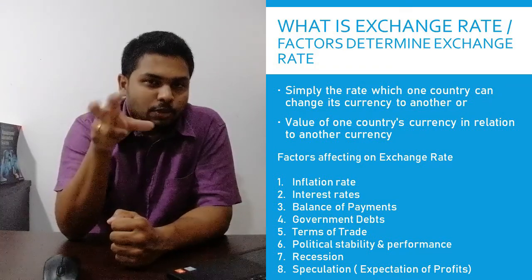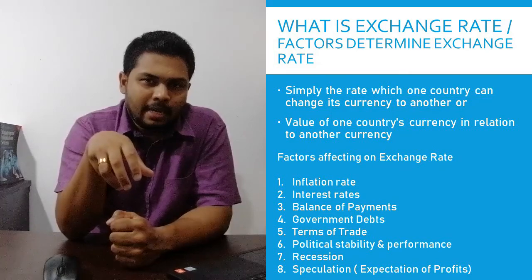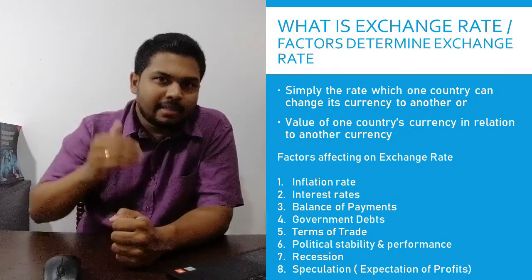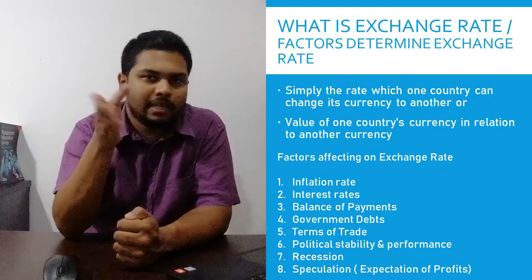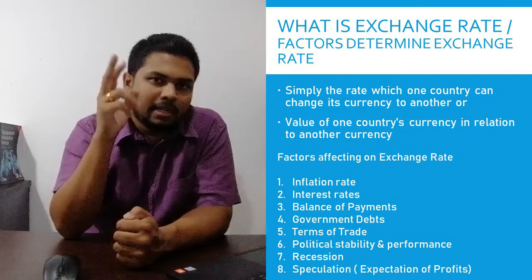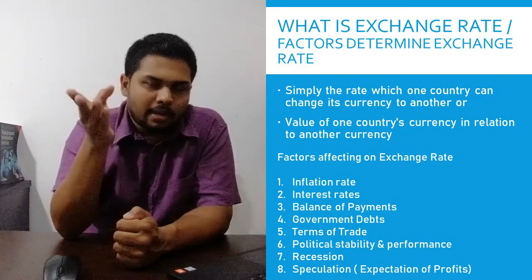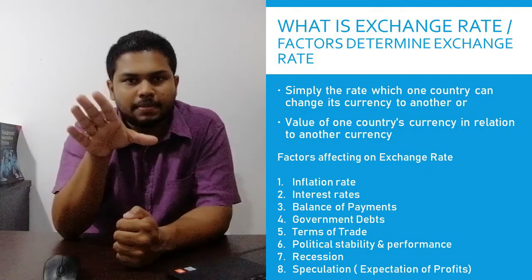But when it comes to commodities, there are not enough commodities to be bought. In that case, the demand is higher than the supply. As we have discussed, there's a supply curve and a demand curve. If the supply is greater than the demand, of course, that's fine.